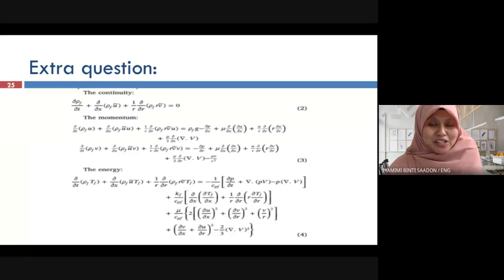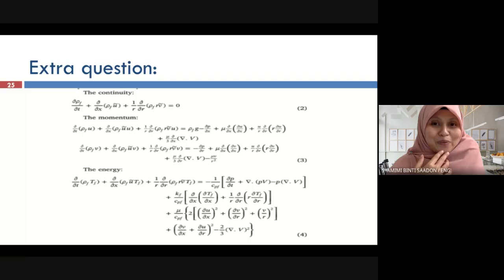So this type of equation is a governing equation for a fluid flow normally. That's why you learn this in aerodynamics or fluid mechanics.